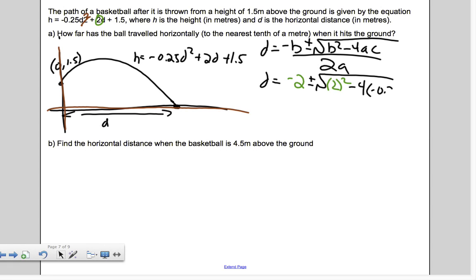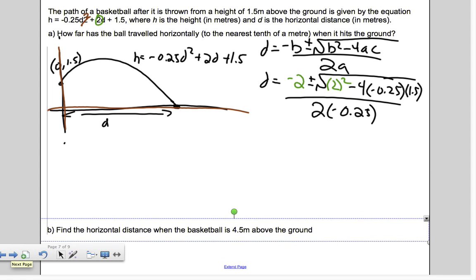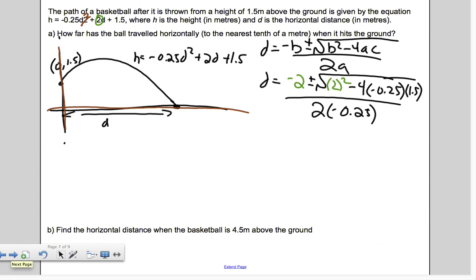Negative 0.25, value of c, 1.5, all divided by 2 times negative 0.25. So we just go off and solve for that.